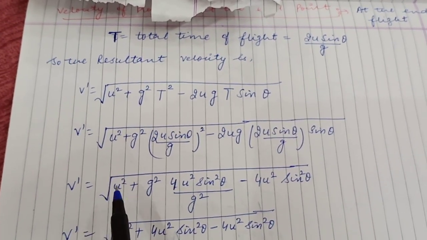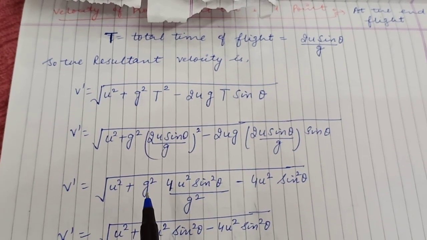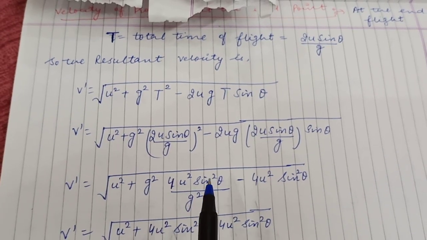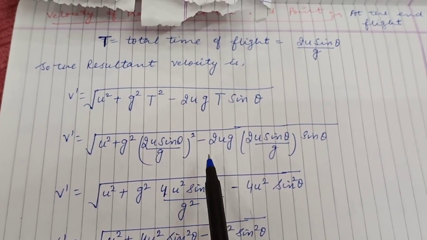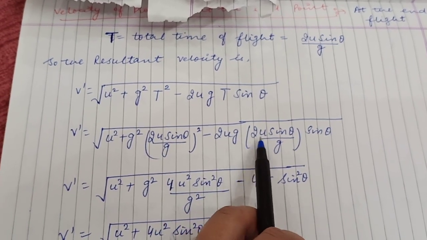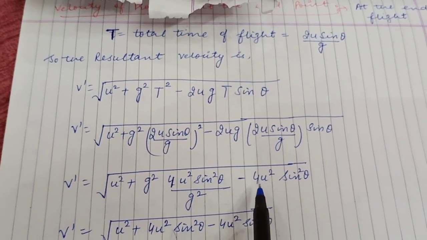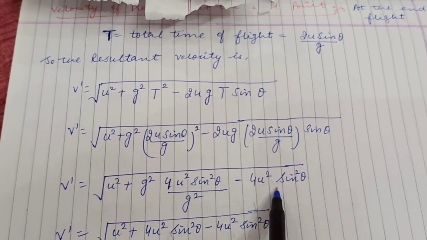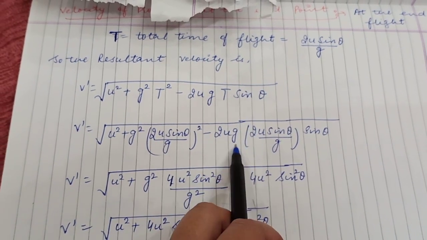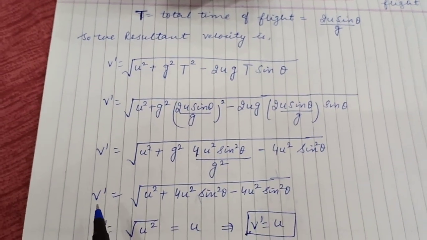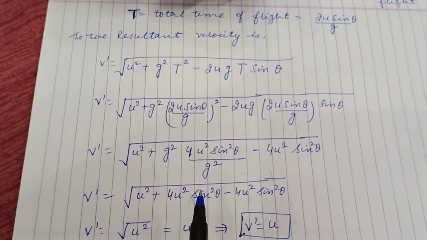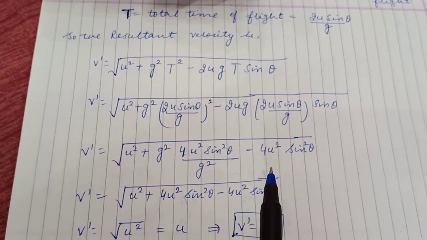So v dash is equal to square root of u square plus g square into 4u square sin square theta upon g square minus 2 into 2 is 4, multiply this u with this u, so we get 4u square sin square theta, and this g is cancelled out with this g. So we get v dash is equal to square root of u square plus 4u square sin square theta minus 4u square sin square theta.